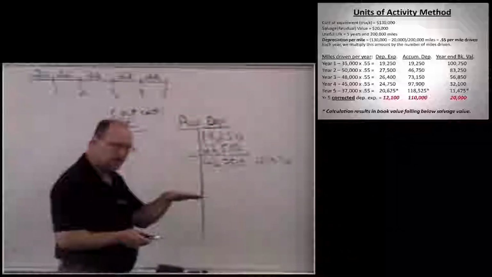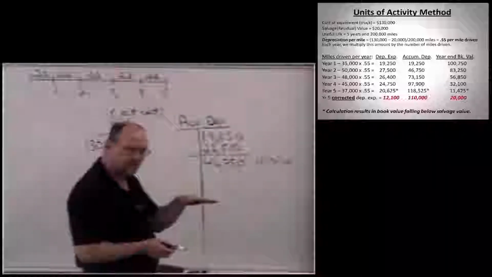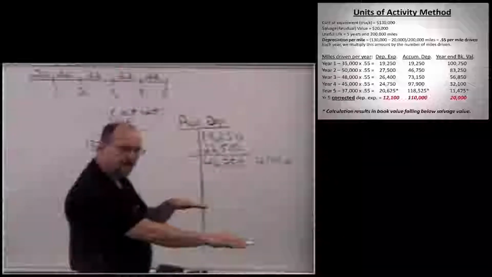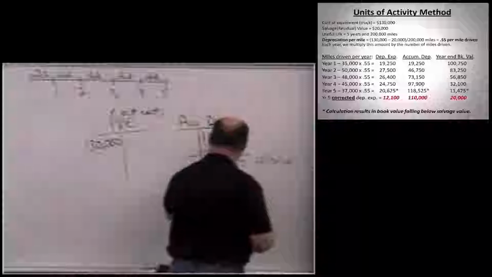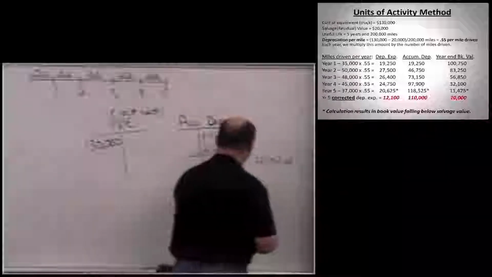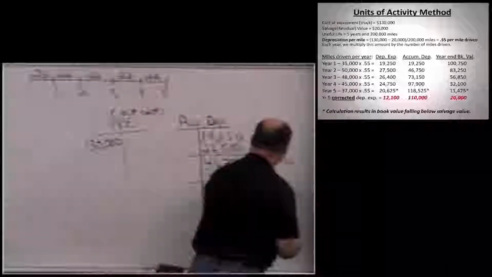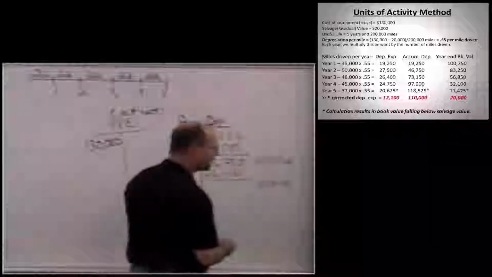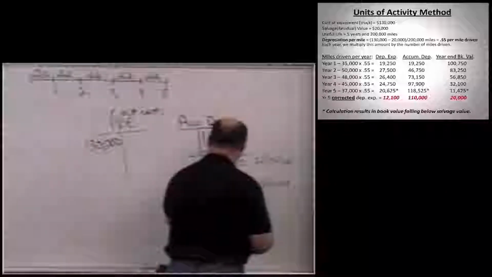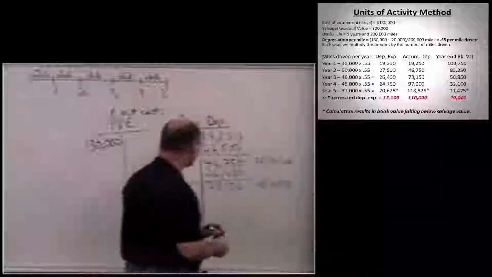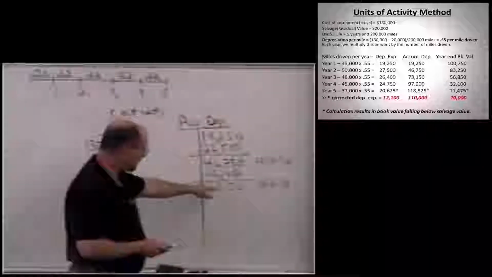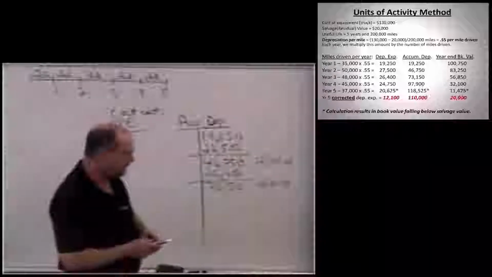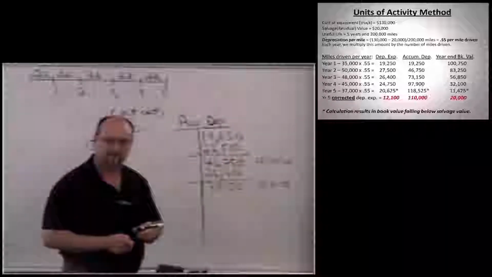Journal entry: debit depreciation expense 26,400, credit accumulated 26,400. The accumulated depreciation account at December 31st, 03 now has a balance of 73,150. Therefore, my book value, 130 cost minus 73,150, is 56,850.